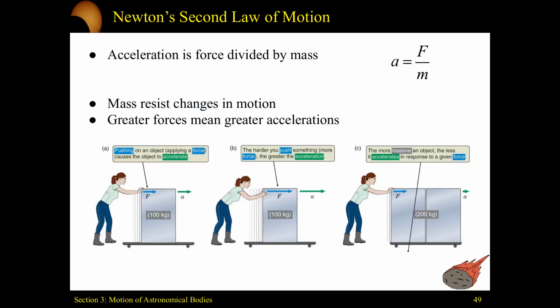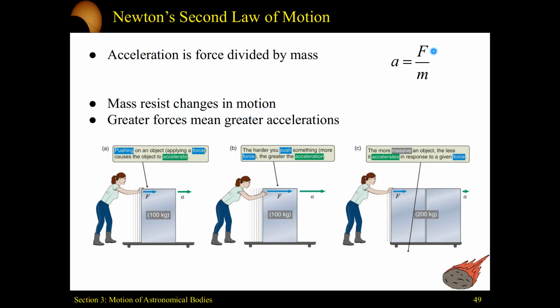We can rephrase the second law. Instead of saying F equals ma, instead we could say a equals F divided by m. The acceleration is the force divided by the mass of an object. Recall that mass is a measure of inertia, how much you resist a change in motion.